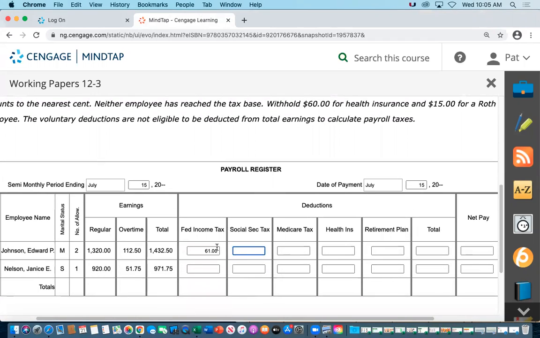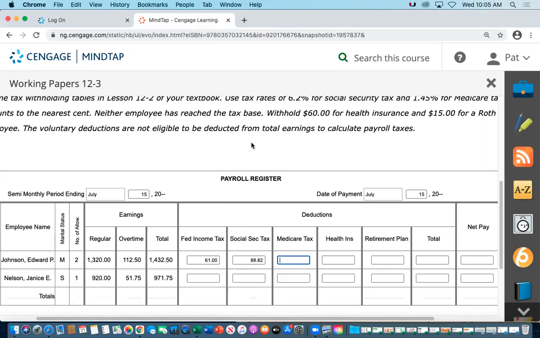So we're taking all 1,432.50 times Social Security, 6.2%, and you get 88.82. 1,432.50 times that 1.45% for Medicare is $20.77. They told us there's $60 for health insurance, 15 for retirement plan. So those are the deductions.